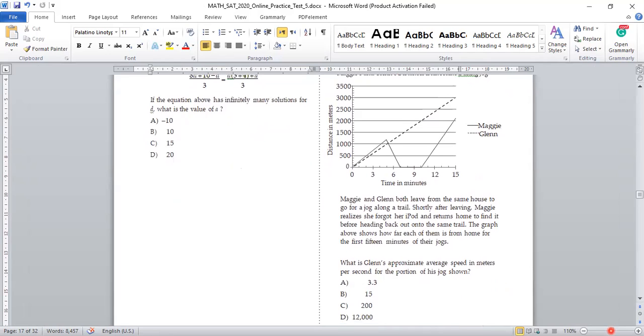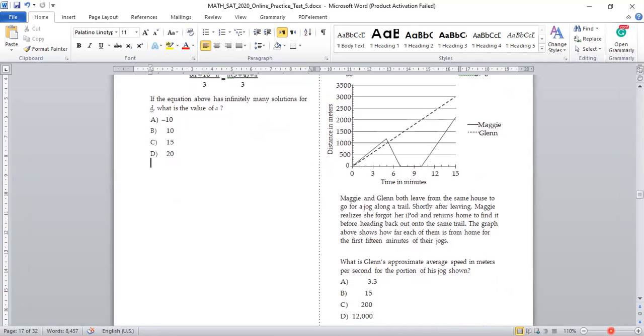What is Glenn's approximate average speed in meters per second for the portion of his jog shown? Time is on the horizontal line, and distance is on the vertical line. They have started from 0, 0, and one dotted line is for Glenn, and the zigzag line is for Maggie.